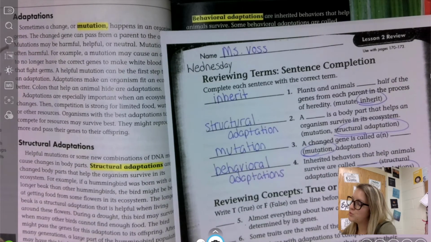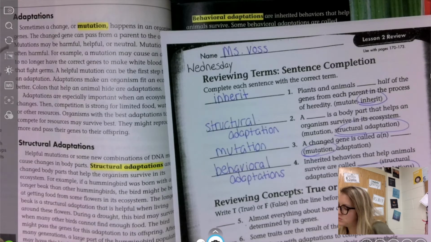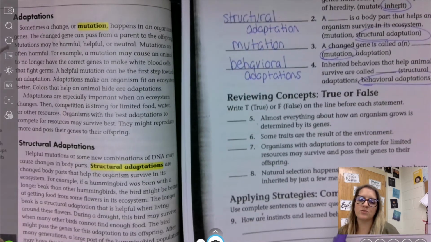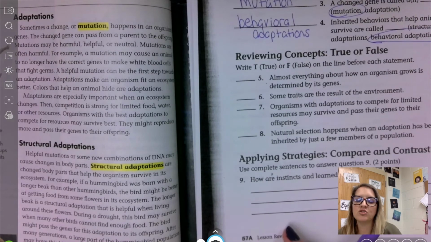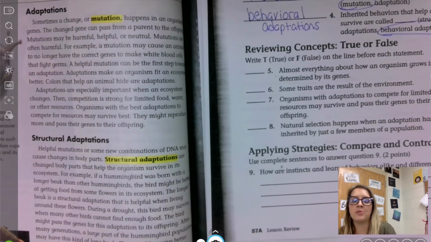I wanted to do one of these with you, and we are going to do number 8 together, because this was one that was a little bit tricky. It says natural selection happens when an adaptation has been inherited by a few members of a population.